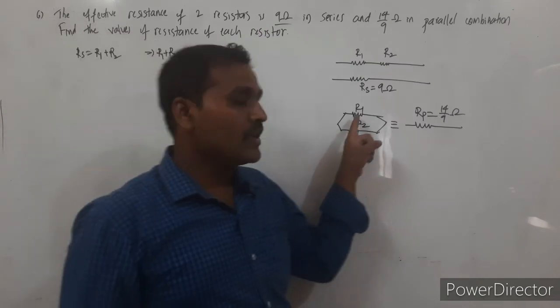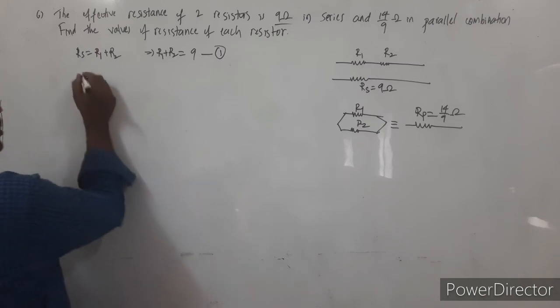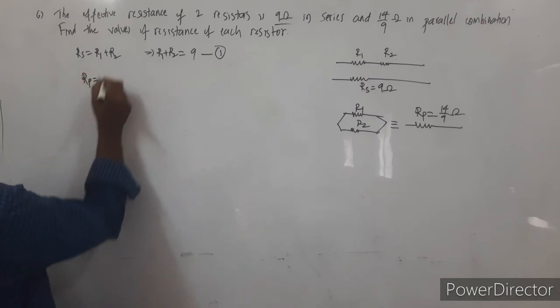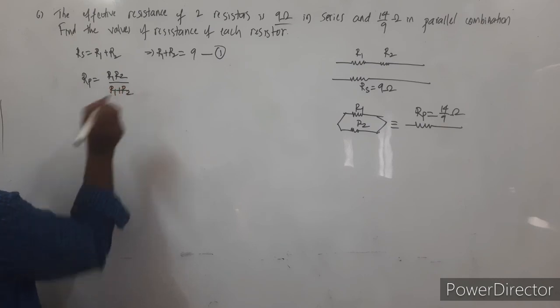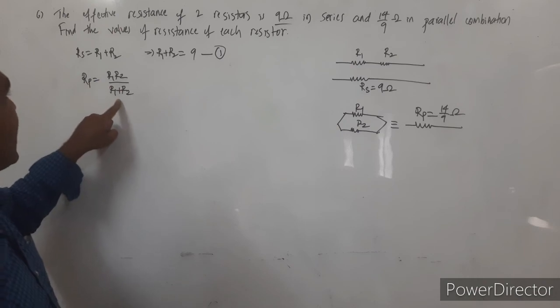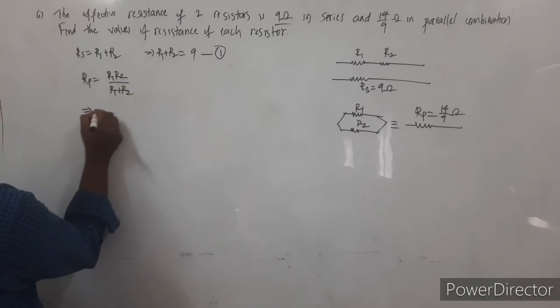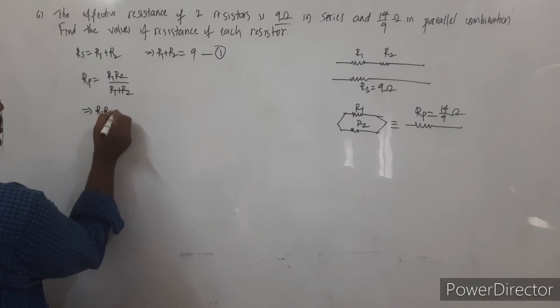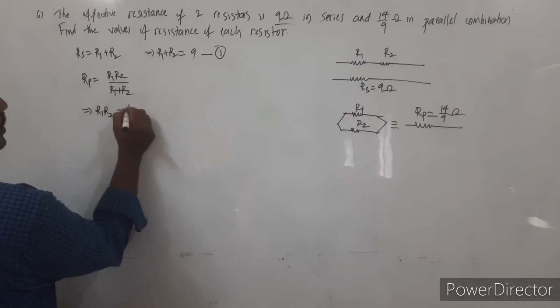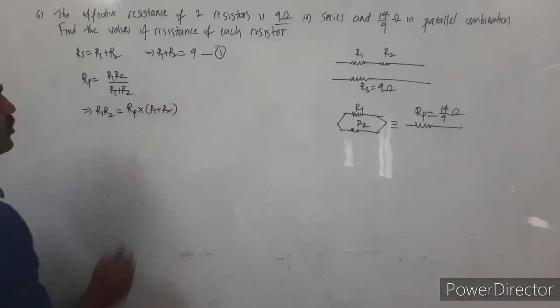When we have two resistors connected in parallel, the effective resistance is given by Rp is equal to, directly I will write the equation, R1 R2 divided by R1 plus R2. R1 plus R2 is nothing but 9, is it not? So by this I can write R1 into R2 is equal to Rp into R1 plus R2.